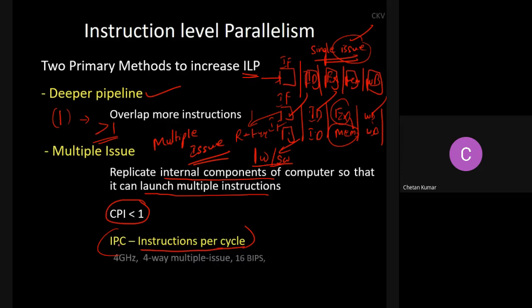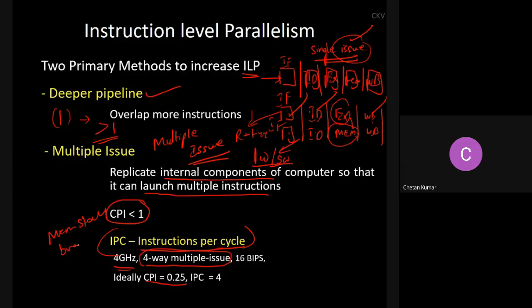If I take an example, let's say there is a 4 gigahertz processor with 4-way multiple issue. 4-way multiple issue means you will be able to fetch 4 instructions at a time, and decode 4 instructions at a time and so on. Then this will lead to a CPI of 0.25, assuming there are no memory stalls and no stalls due to branch conditions.